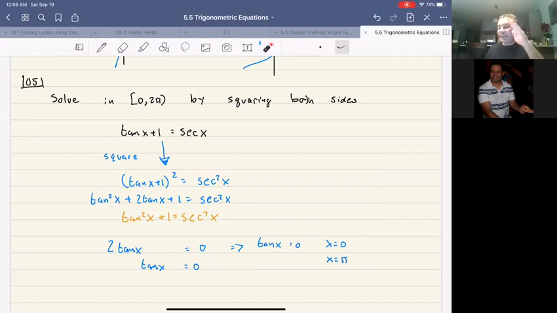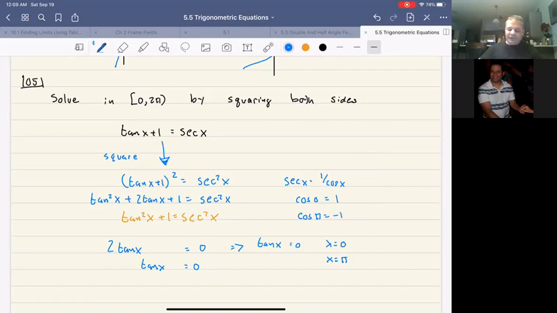Secant of 0, secant is 1 over cosine, right? Okay, so cosine of 0 is 1, so no problem there. But cosine of pi is -1.